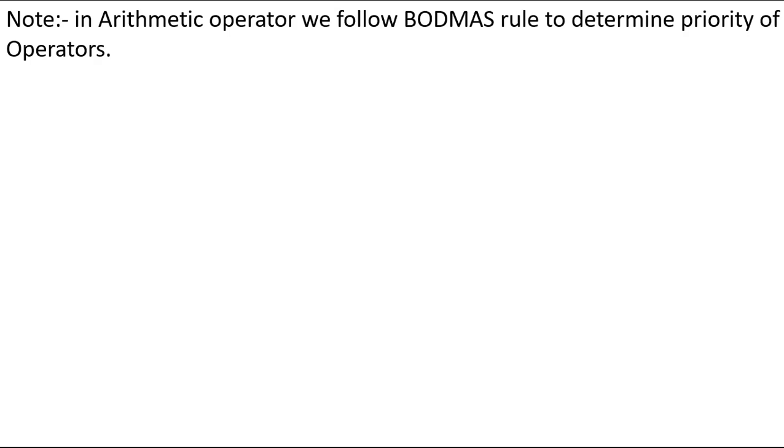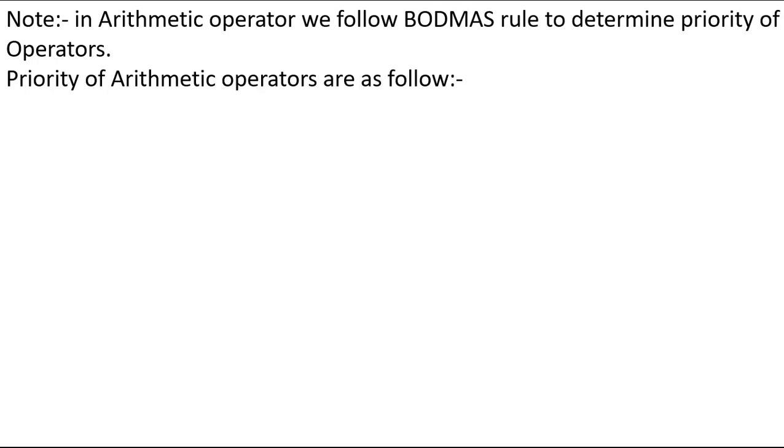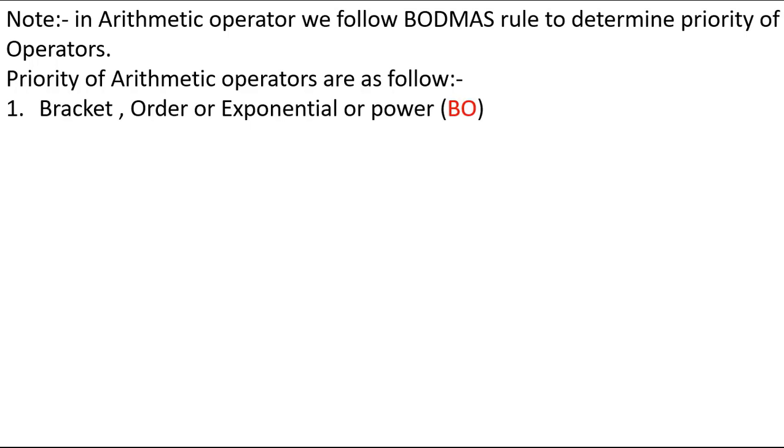Now note, in arithmetic operators we follow the BODMAS rule to determine the priority of operators. The priority of arithmetic operators is as follows: bracket, nothing but order, or exponential, or we can say power.